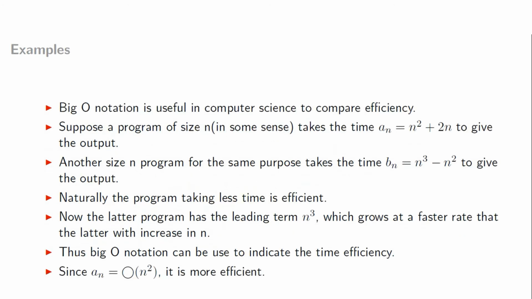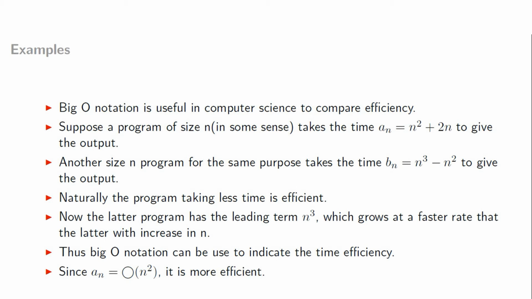Let us consider our next example. Actually, big O notation is useful in computer science to compare efficiency. Suppose we have a program of size n, where the size is defined in some sense related to computer programming, and the program of size n takes the time an, which equals n square plus 2n, to give the output.